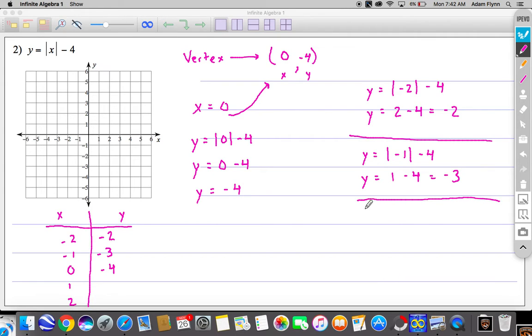Okay, vertex is already done, so we'll move on to 1. We have y equals the absolute value of 1 minus 4. Absolute value of 1 is 1, so we have y equals 1 minus 4. And 1 minus 4, of course, is negative 3.